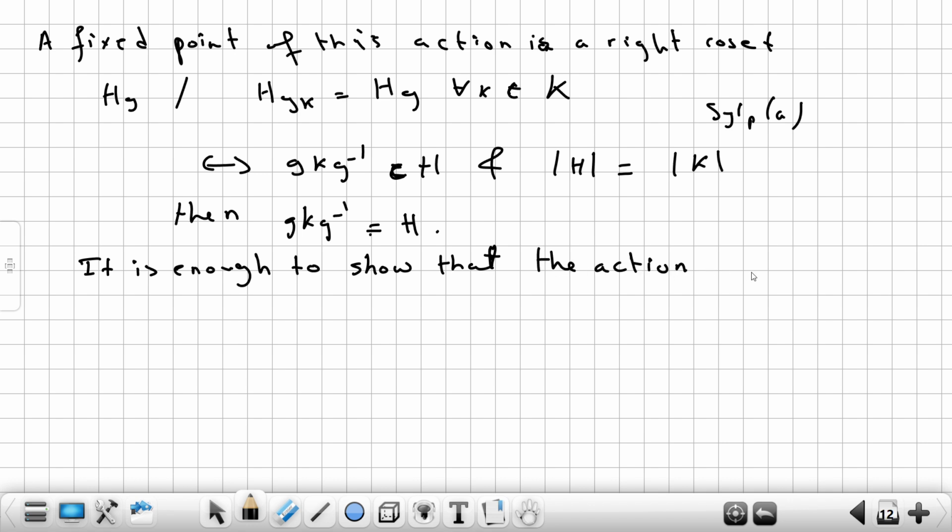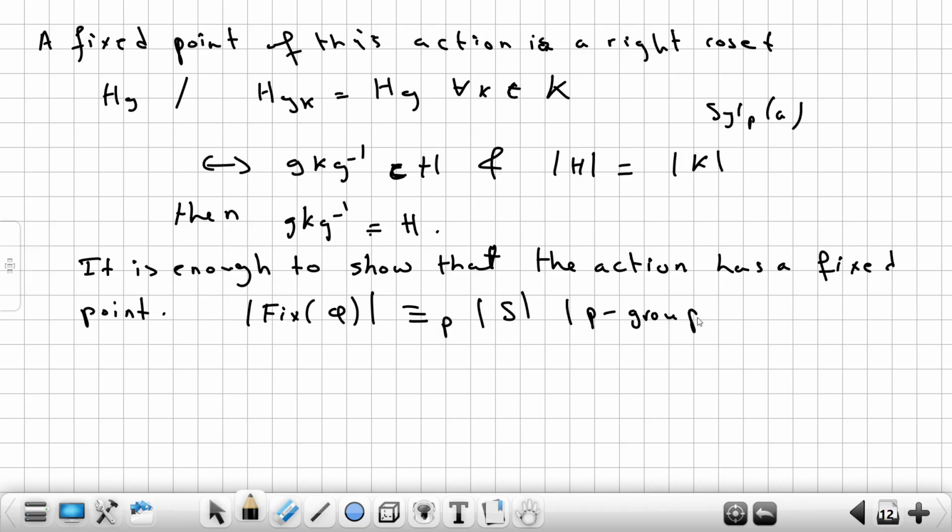Has a fixed point. Okay, so we know from the p-group lemma that the number of fixed points of this action is congruent modulo p to the order of the defined set S, and this is the p-group lemma we took in part 1, chapter 8 part 1.